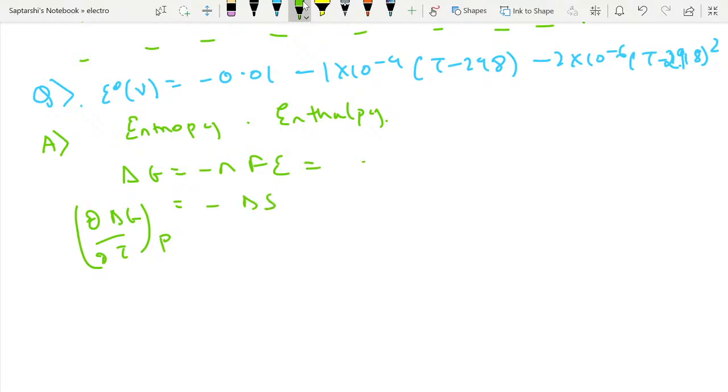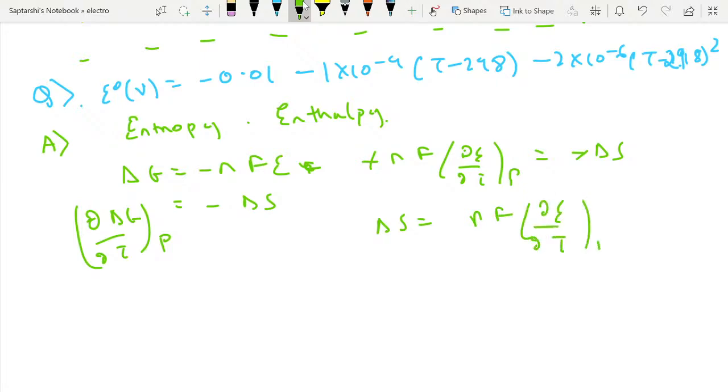If we do the same thing, we'll get minus NF del E by del T at constant P is equal to minus del S. So we'll get cancelled, so our del S is equal to NF del E by del T at constant P, right? So this will be equal to NF.